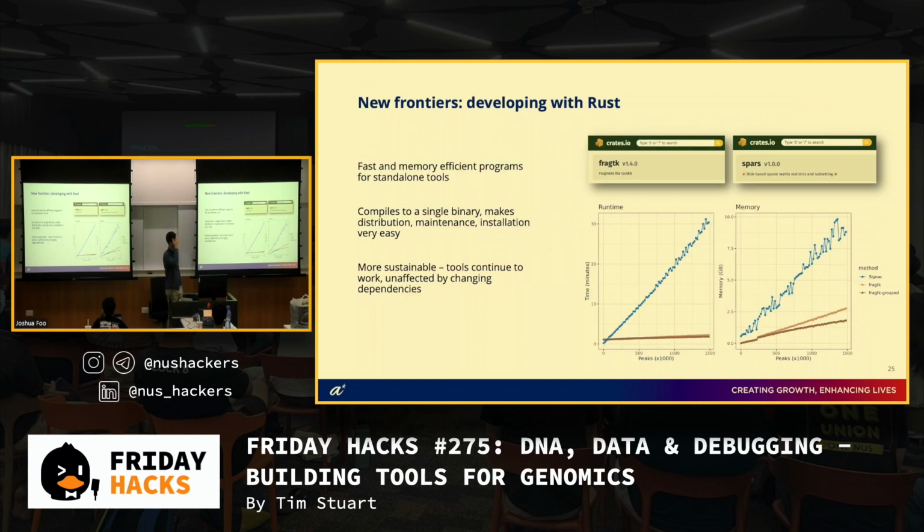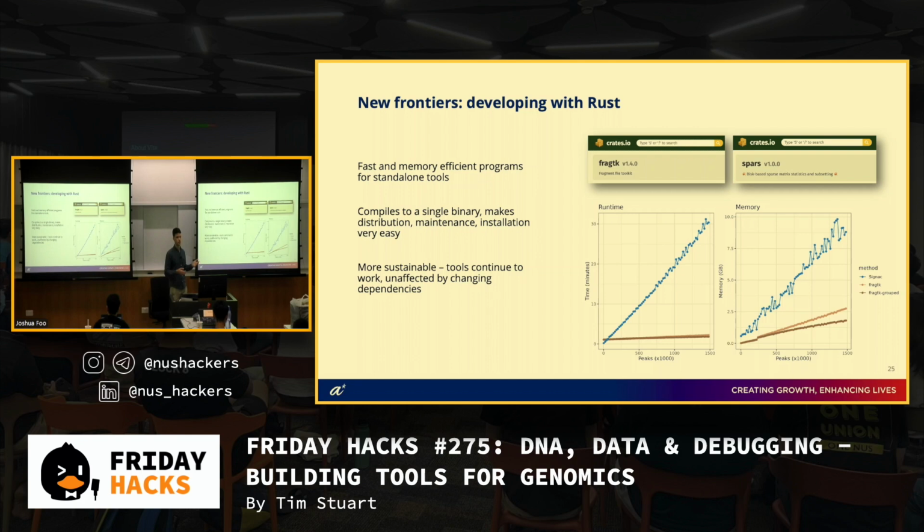Okay, and then more recently, something that we've been doing is moving away a little bit from R and using other languages like Rust for more speed and memory efficiency and other advantages as well. So we built a couple of tools in Rust. These are for more pre-processing steps.